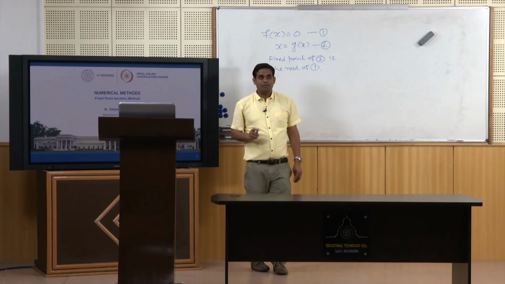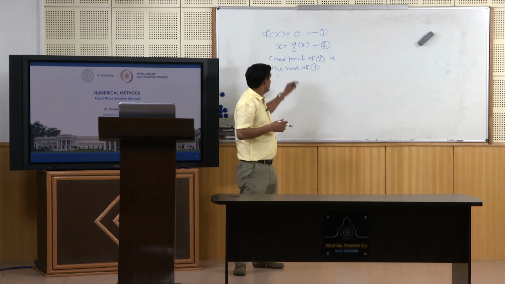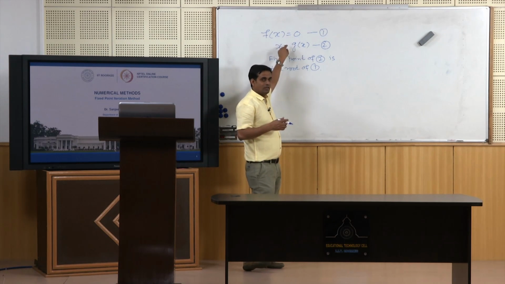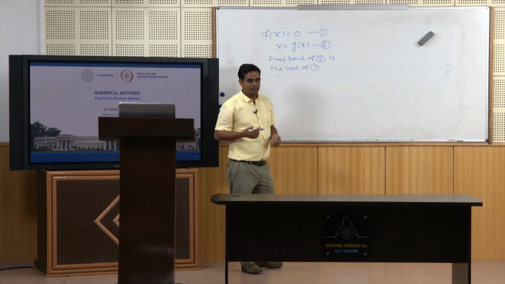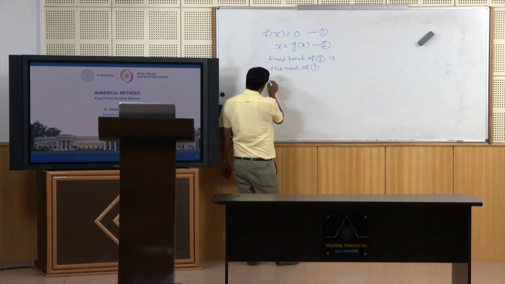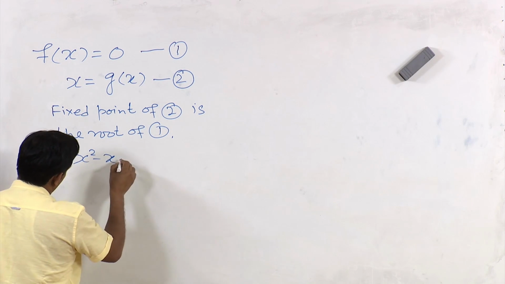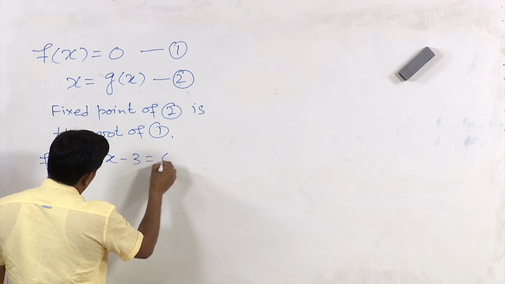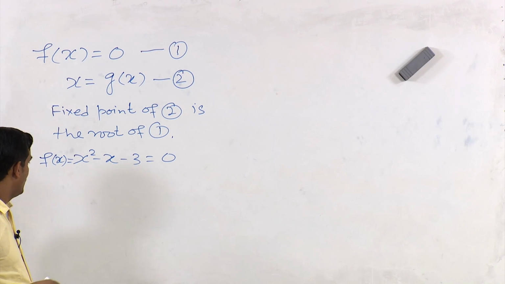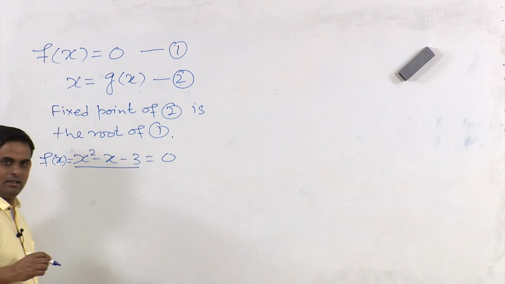Now, if I give you a nonlinear function f(x), I can write this in this form in several ways. For example, consider f(x) = x² - x - 3 = 0. Here f(x) is x² - x - 3.